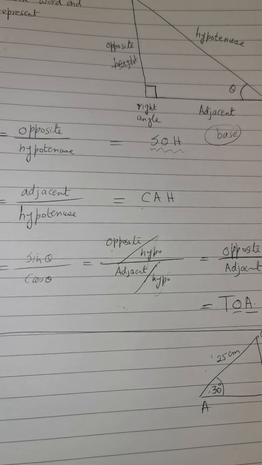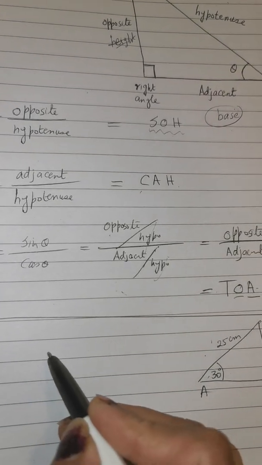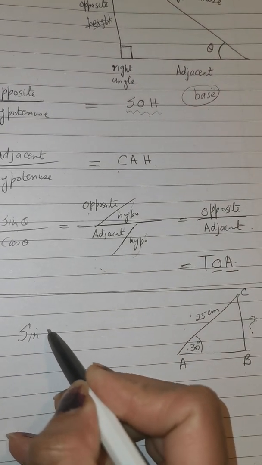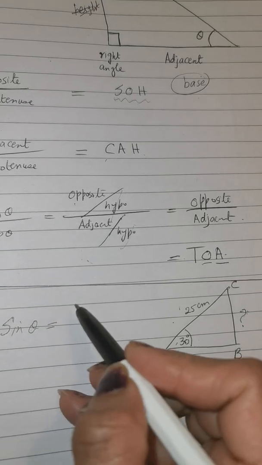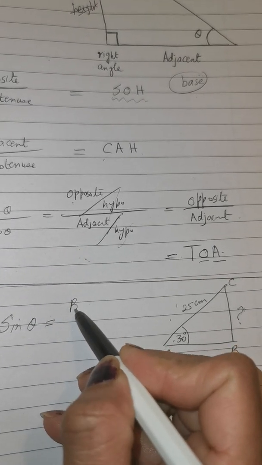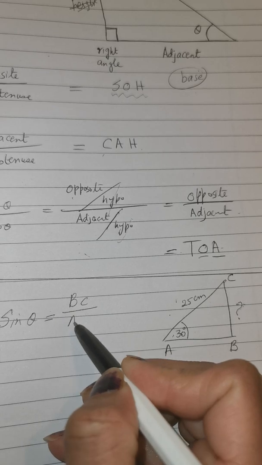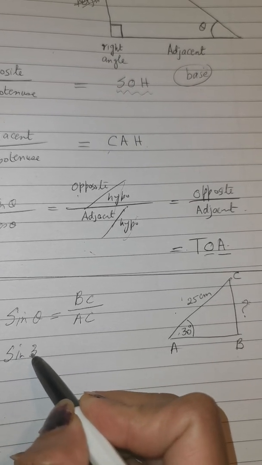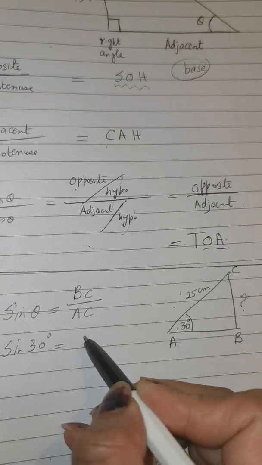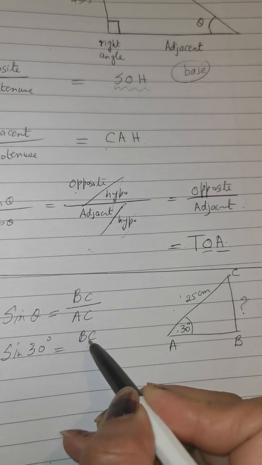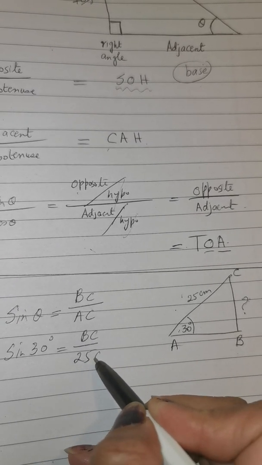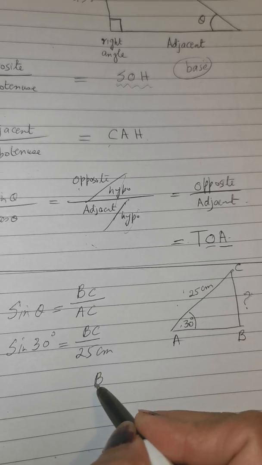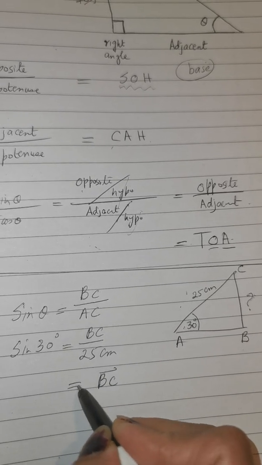Opposite over hypotenuse. You will apply the formula sin theta is equal to BC over AC, and sine 30 degrees is BC over 25 centimeters. You have to find the value of side BC.